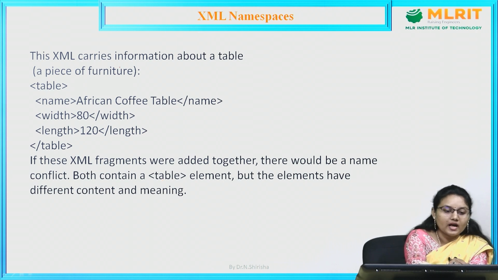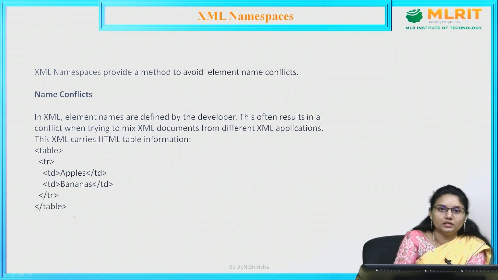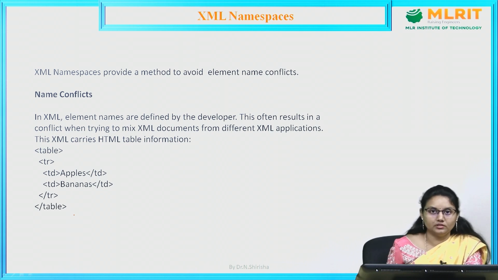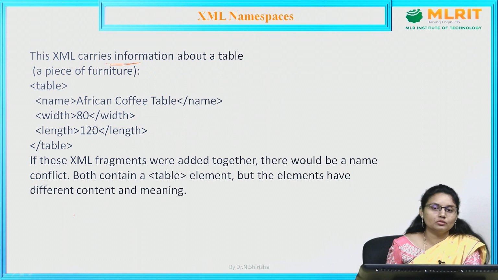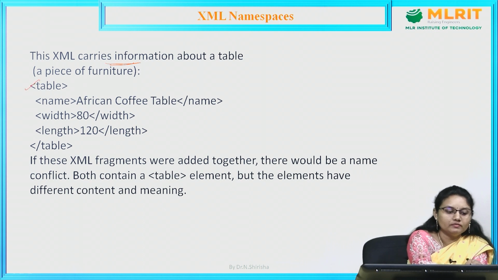XML carries the information. If you write this in XML, it just carries the information. It will not display rows and columns because it is not used for presentation like HTML. So here you are giving information about a table with different subtags: table name, width, length.